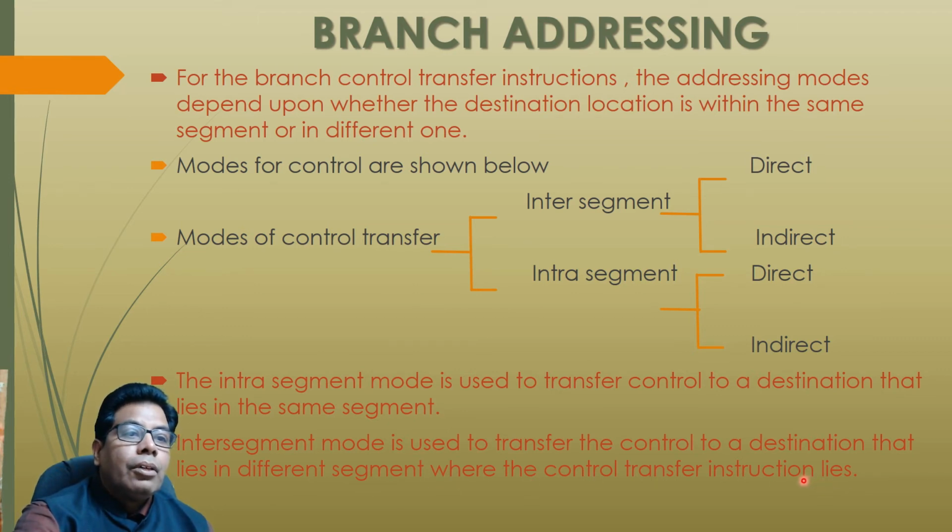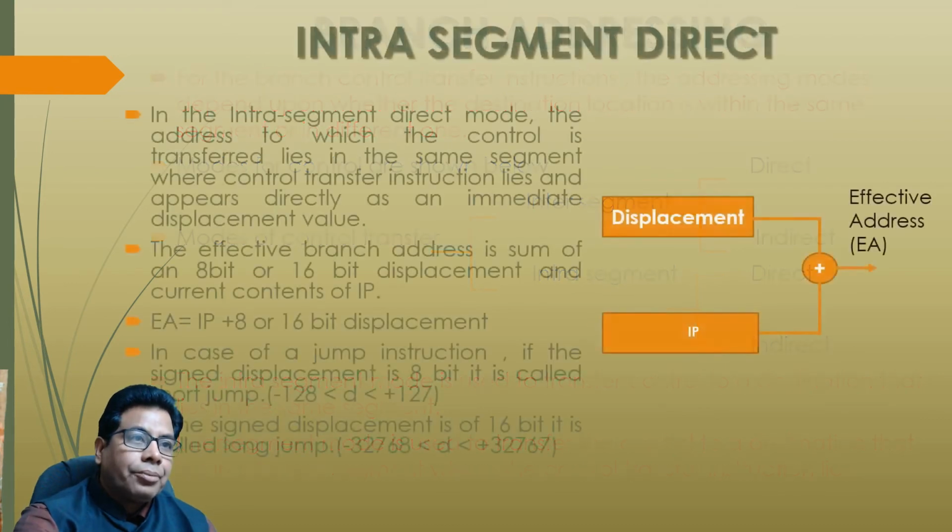So when we are changing the segment, then we call it the intersegment. Then how we change the segment, with that we have the intersegment direct, intersegment indirect. And if it is in the same segment, we have the intrasegment, so again direct and indirect. Let us see these addressing modes in detail.